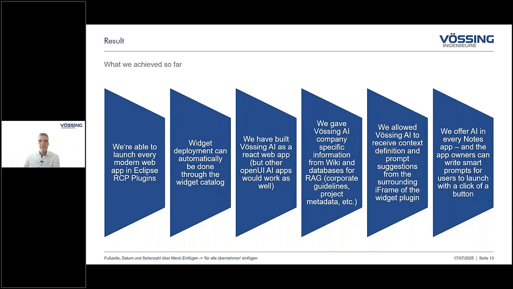And we gave Vössing AI company-specific information from wiki and databases for retrieval augmented generation, like company guidelines, project metadata, and stuff. We're using OpenAI technology for that today, but if Domino evolves, it could well be that we may also use Domino IQ and Domino IQ RAG services for this feature.